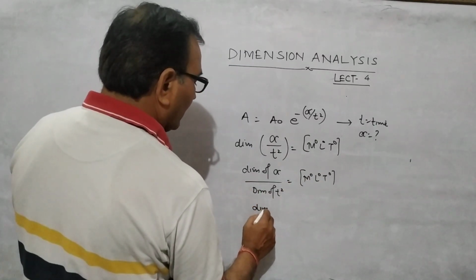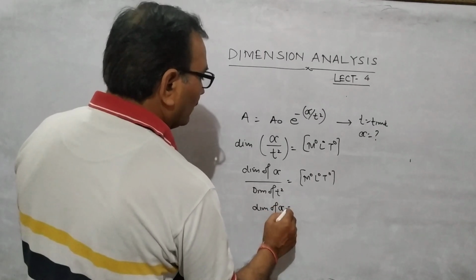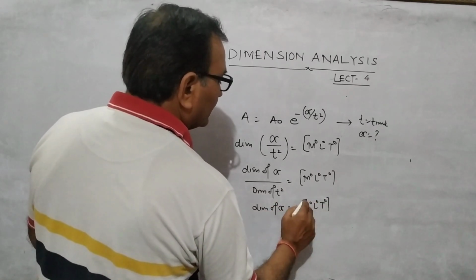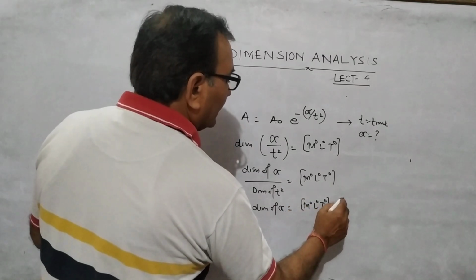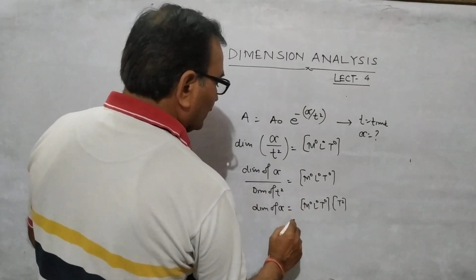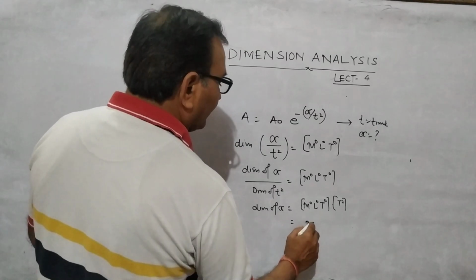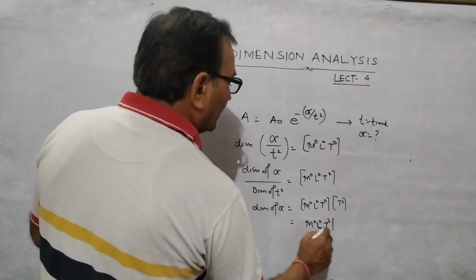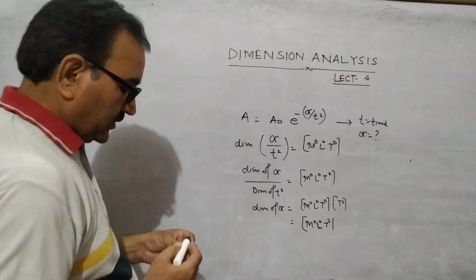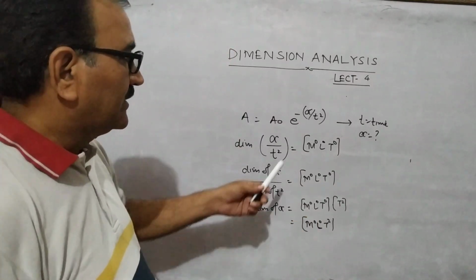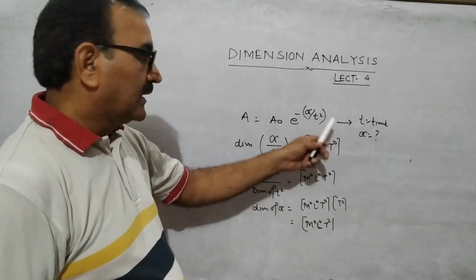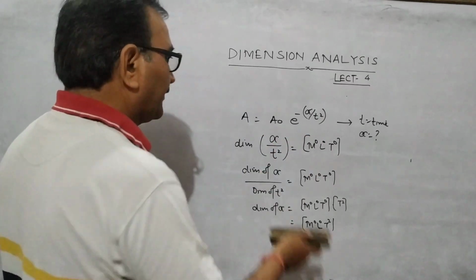So dimension of alpha equals M0, L0, T0 times T to the power 2. So you have the dimension M0, L0 and T to the power 2. So you are now in a position to calculate the dimension of such constants in this type of question.